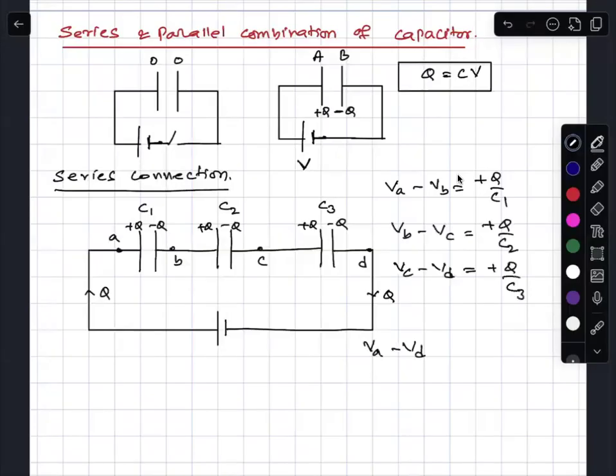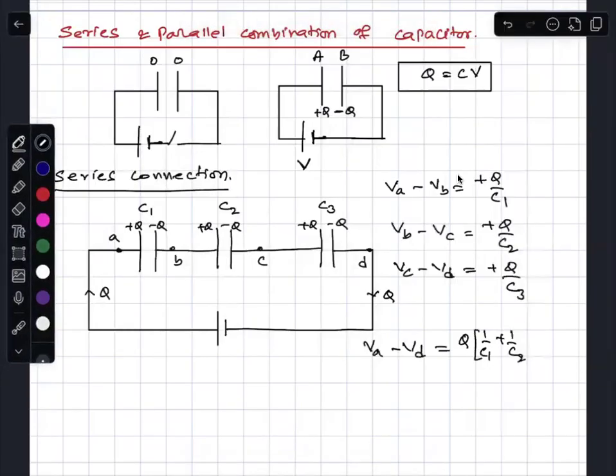VA minus VD is nothing but Q times 1 by C1 plus 1 by C2 plus 1 by C3. But that is nothing but the potential difference across the terminals of the cell, which you will call the EMF of the cell. Now this is V equals Q times 1 by C1 plus 1 by C2 plus 1 by C3.